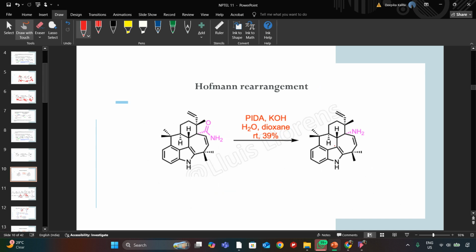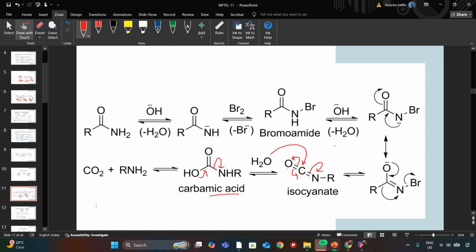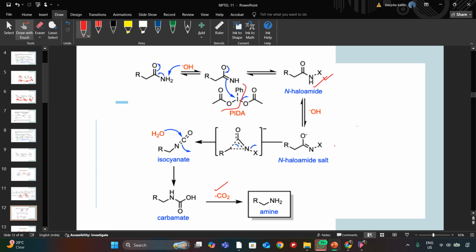After the pinacol rearrangement, we went through the mechanism of Hofmann rearrangement, where we saw how isocyanate intermediate is formed, which reacts with water molecule to give carbamic acid. And in our reaction, PIDA was used in place of bromine, and we got N-haloamide, which followed the same mechanism as typical Hofmann rearrangement.